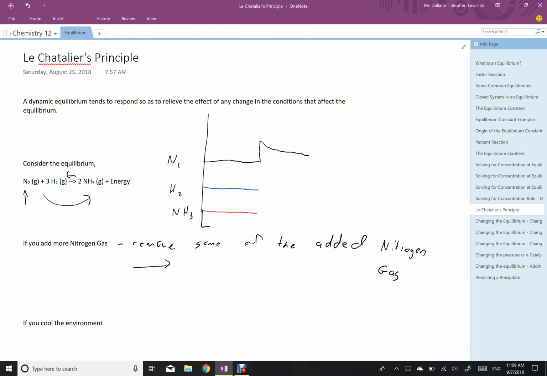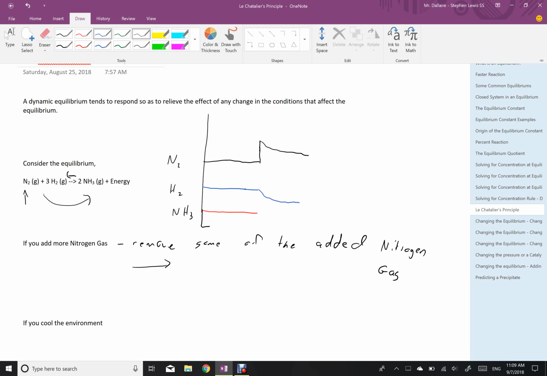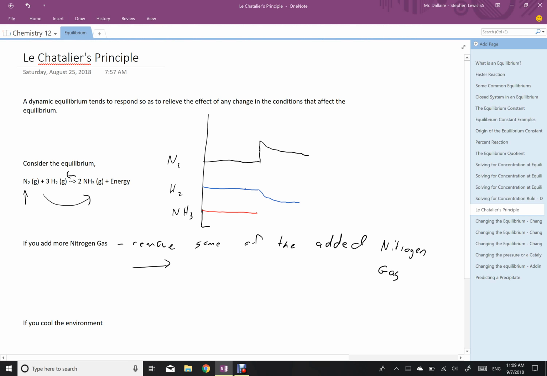And when it does that, it's going to inadvertently use up some of the hydrogen gas. And it's going to produce more ammonia. So it tried to undo the change that you made to the system, and it shifted the whole equilibrium to new stable values.